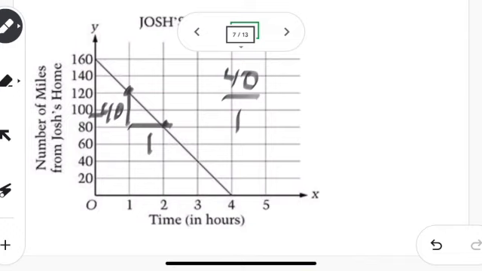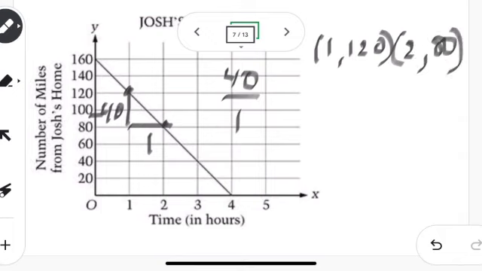Now, what would be the 2 ordered pairs from this point and this point? Yep, so we would have (1, 120) and (2, 80).